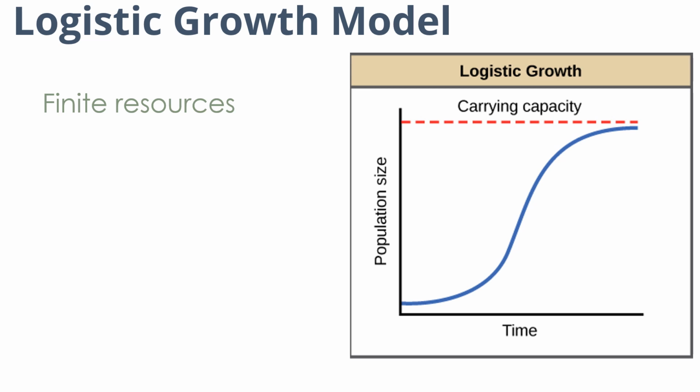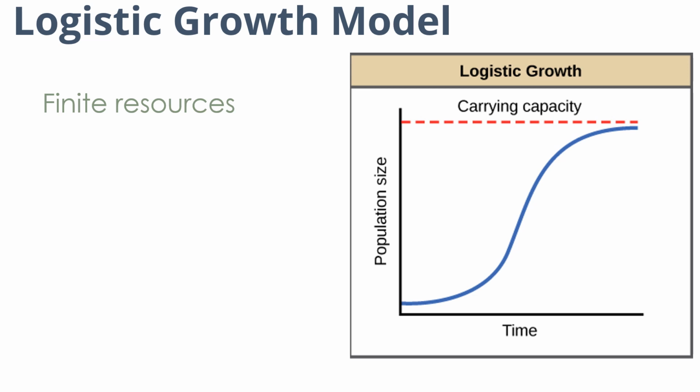Exponential growth may occur in environments where there are few individuals and plentiful resources, but at some point when the number of individuals gets large enough, resources will be depleted, which slows the growth rate, and eventually the growth rate will plateau or level off. This population size represents the maximum population size that a particular environment can support, and it is called the carrying capacity, or K.